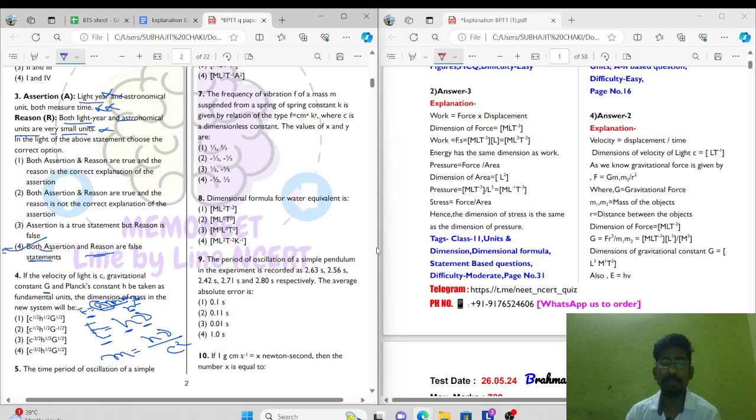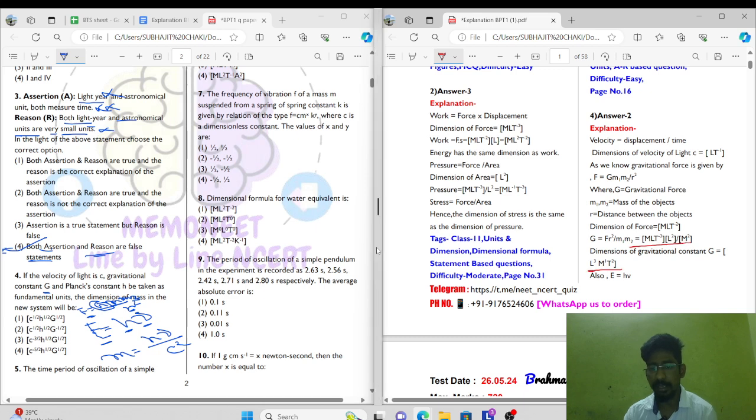Dimension of force is M L T minus 2, and the dimension of r is L. So it becomes M L T minus 2 L square divided by M square, which is M minus 1 L cube T minus 2. So this will be the dimension of G.